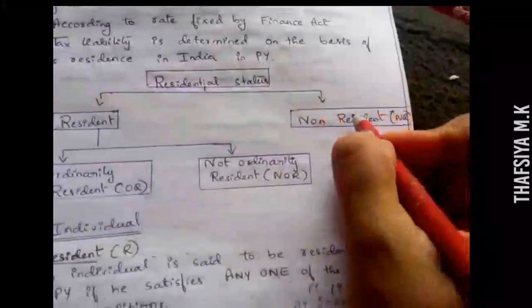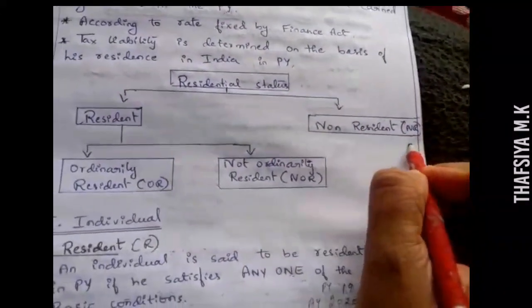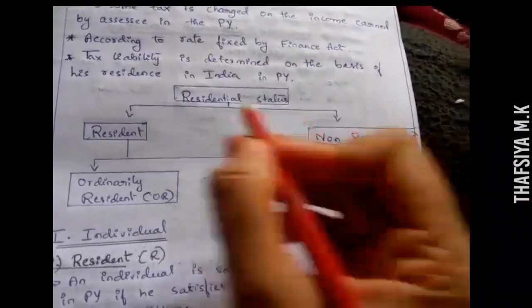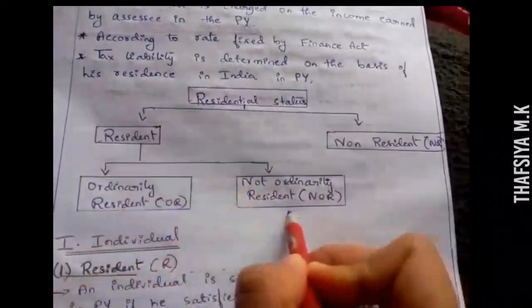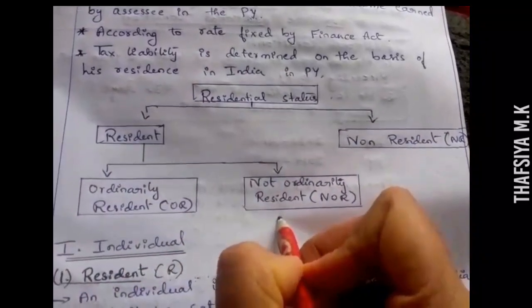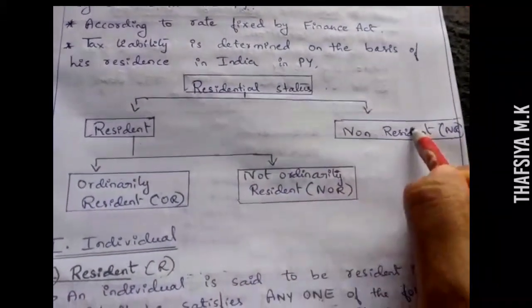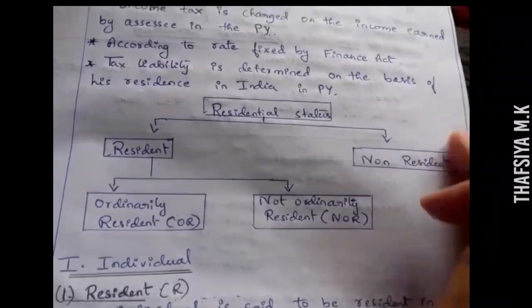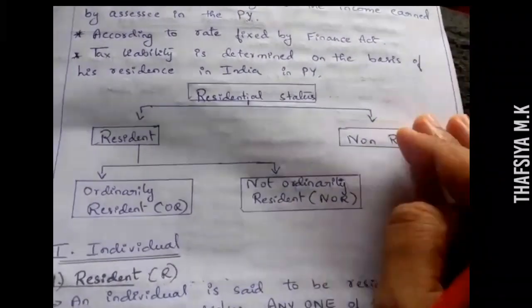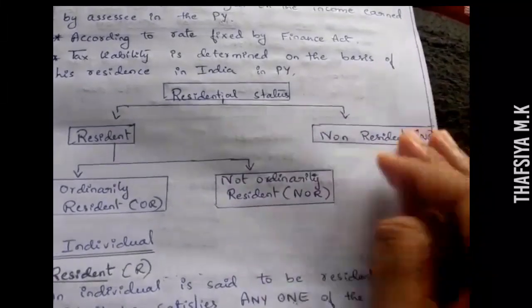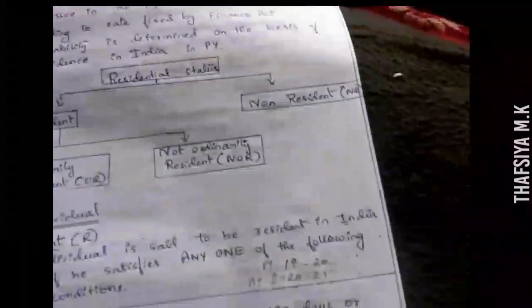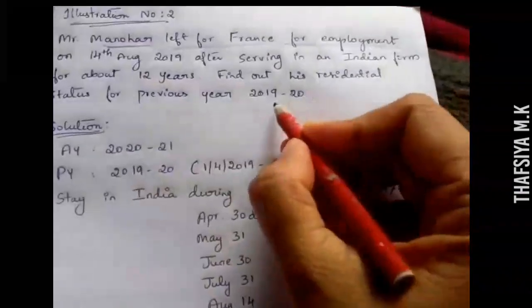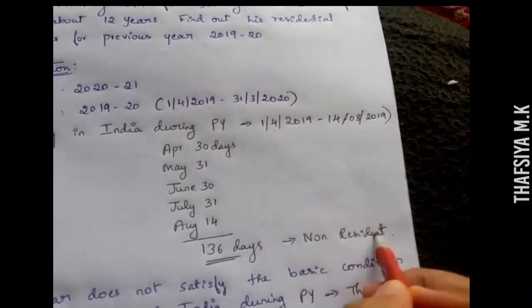When he becomes non-resident, we stop the calculation there. If he becomes resident, then we have to find whether he is ordinarily resident or not ordinarily resident. If he is a non-resident, there is no continuation. His residential status for the previous year 2019-20 is non-resident.